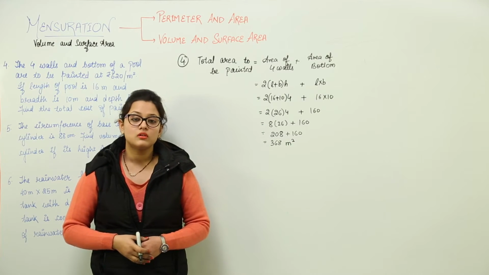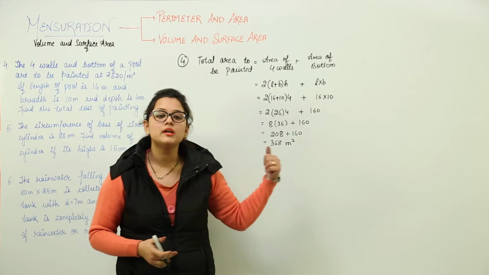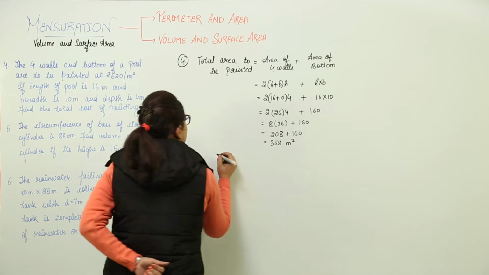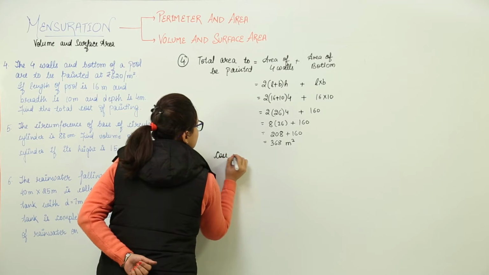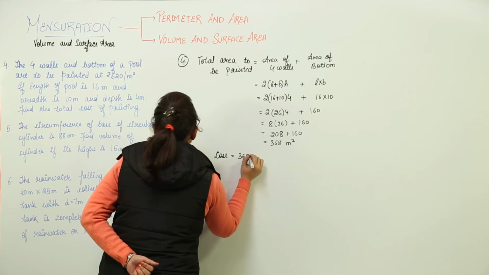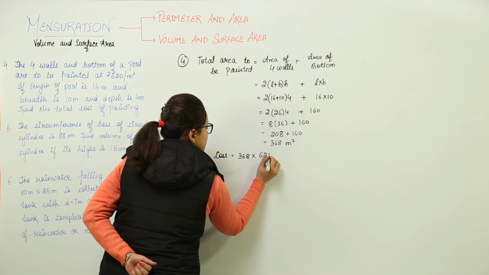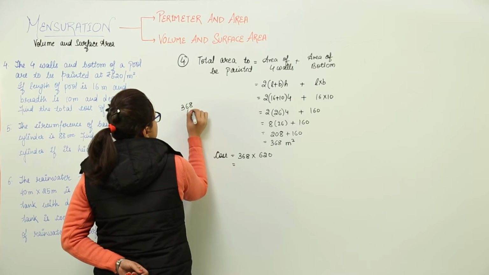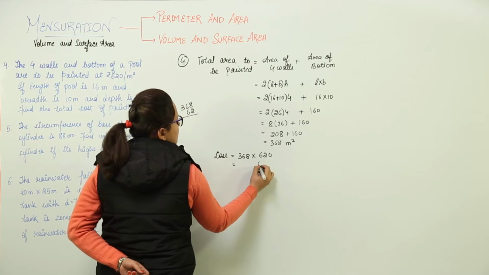Now, while we have to find the cost also, we would multiply this total area with the cost given to us per meter square. Now the cost would be 368 multiplied with 620. Now if you multiply, then we would get this. Let us exclude the 0, right?